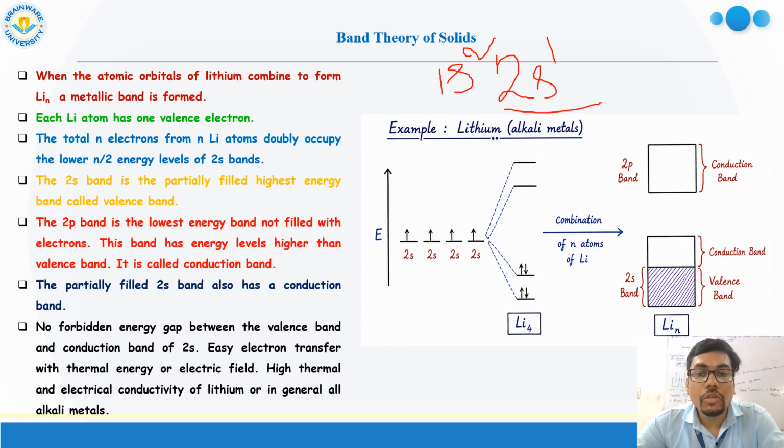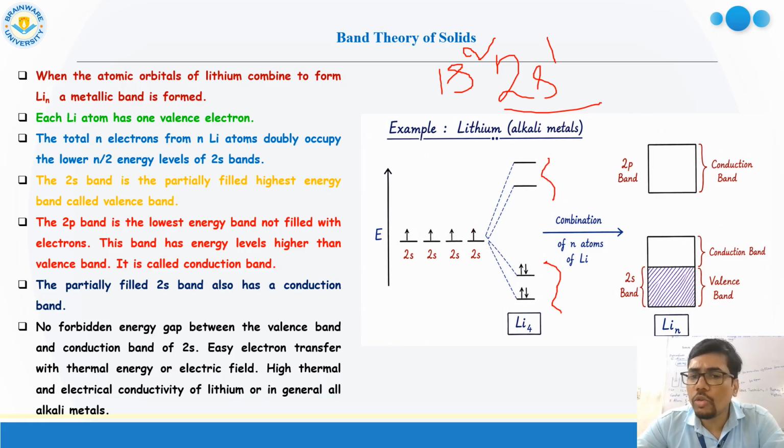Okay, so if an Li4 molecule is formed, then each lithium atom contains one electron in the 2s orbital. So there are a total of 4 2s orbitals coming from the lithium atoms, and they are combined. So 4 atomic orbitals obviously combine to give 4 molecular orbitals. 2 will be BMO and another 2 will be ABMO.